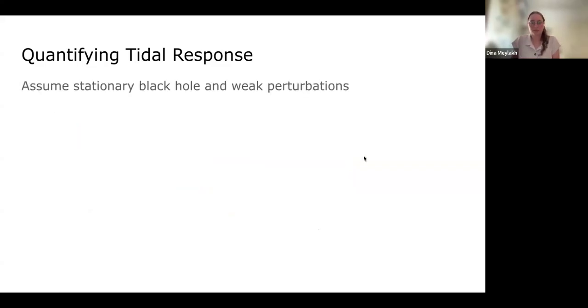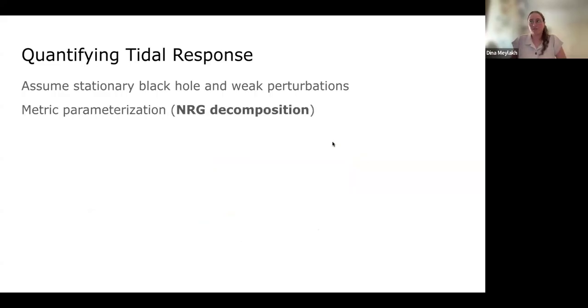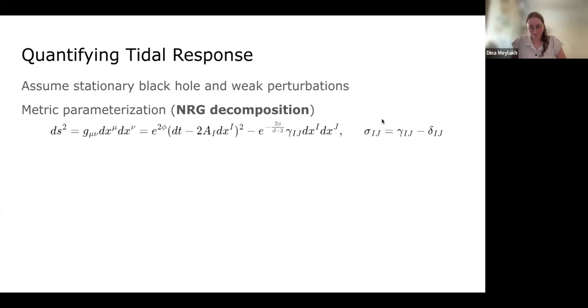So if we assume that the black hole is stationary and the background perturbation is weak and also stationary, then it is very comfortable to work in the energy decomposition, a metric parametrization that looks like this.